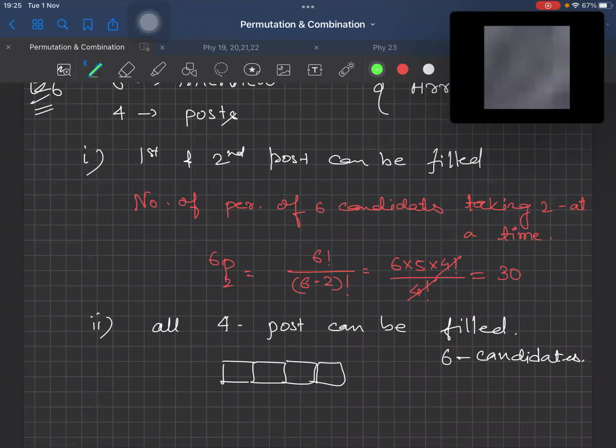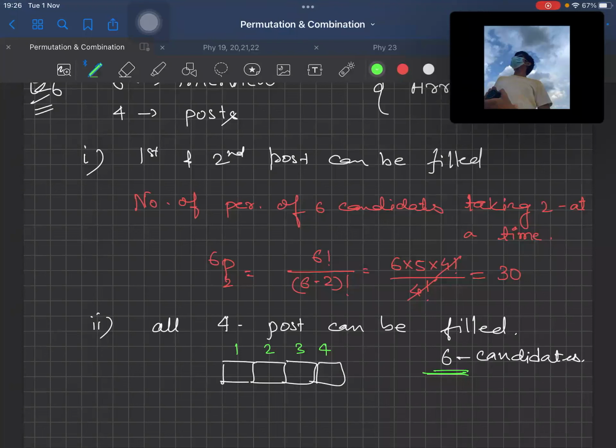See, there are 4 posts. These are the 4 posts, 1, 2, 3, 4. And there are 6 candidates. So how can they fill all the 4 posts? Using the permutations formula, sir, we can do 6P4, sir. Yeah, okay, sir. Shall I do it, sir?